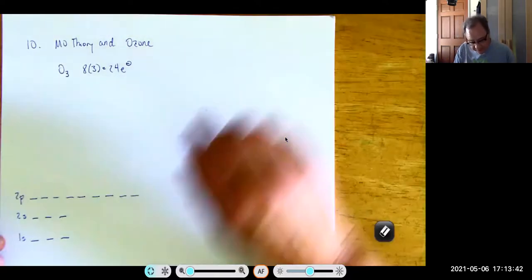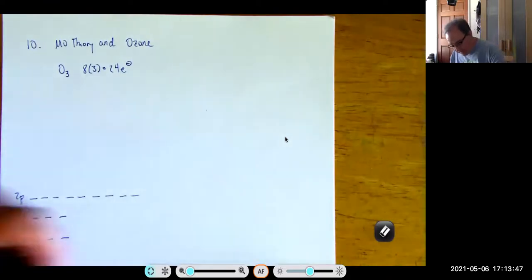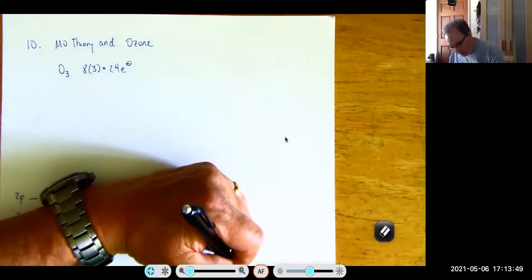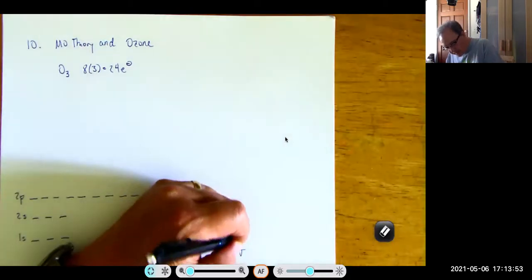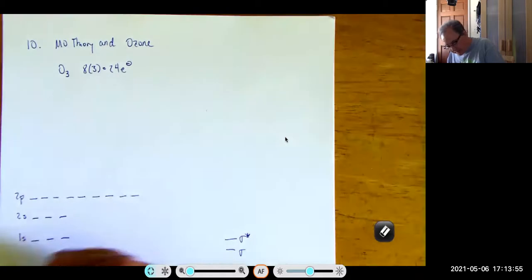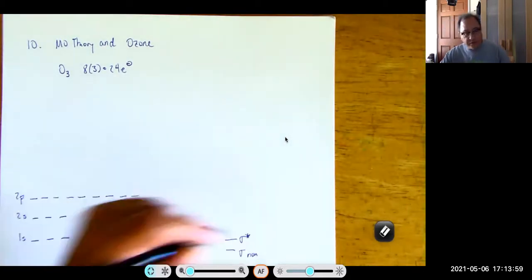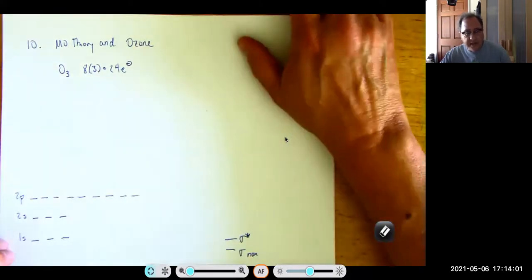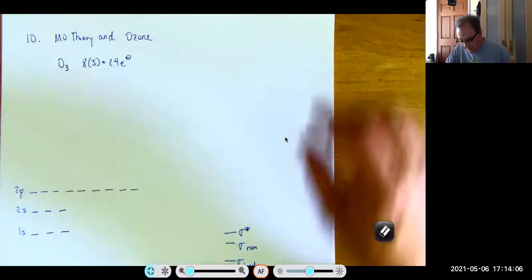So here I'm going to take these 3 1s's, one from each oxygen, and I'm going to make molecular orbitals out of them. Now, something that we haven't talked about before is this, that you're going to get 3 orbitals. One's going to be anti-bonding, one's going to be bonding, and one's going to be non-bonding. So when you're making MOs out of 3 orbitals, you're going to get 3 like this.